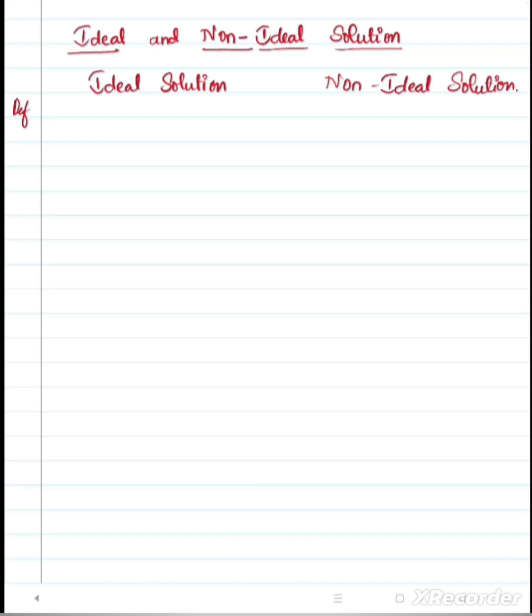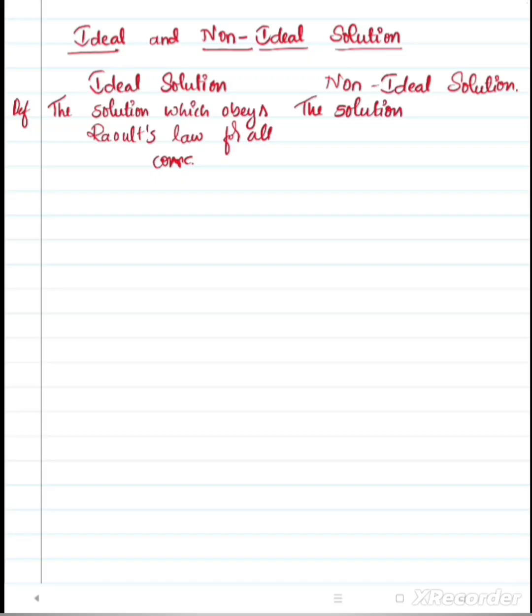If they are asking for the definition, you can write: an ideal solution is a solution which obeys Raoult's law for all concentrations. A non-ideal solution is a solution which does not obey Raoult's law for all concentrations.